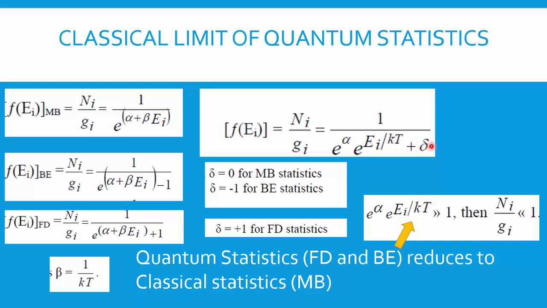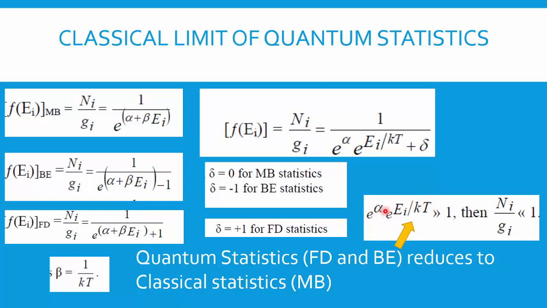Now under which condition can this delta be neglected or 0? I can say that delta can be neglected if this expression is much greater than 1. When does this happen? This happens when temperature is high.